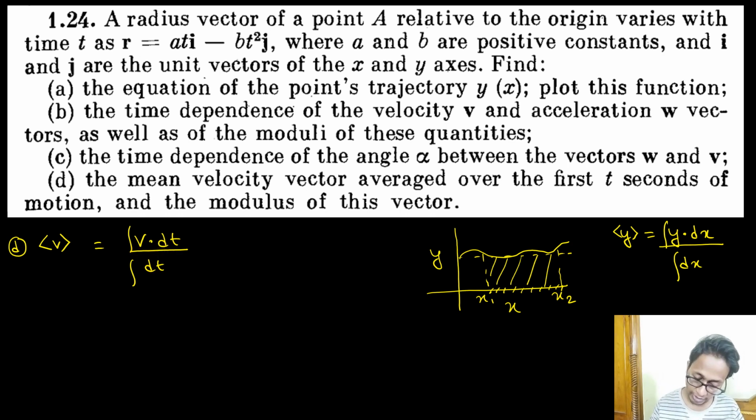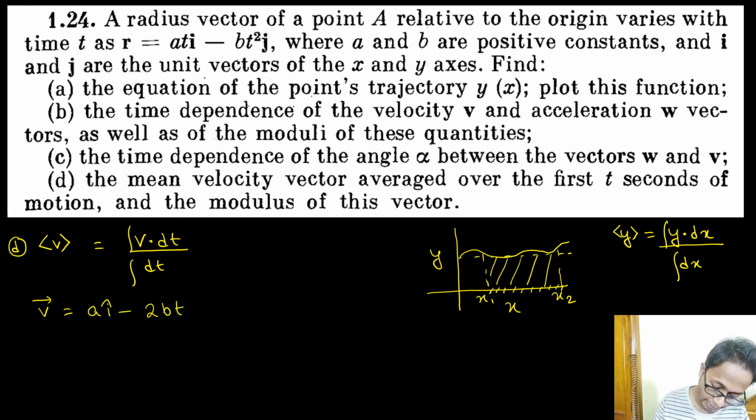Understood? So out here the velocity vector is given as ai minus 2btj. The average of the velocity vector in the x component will always remain the same, a.